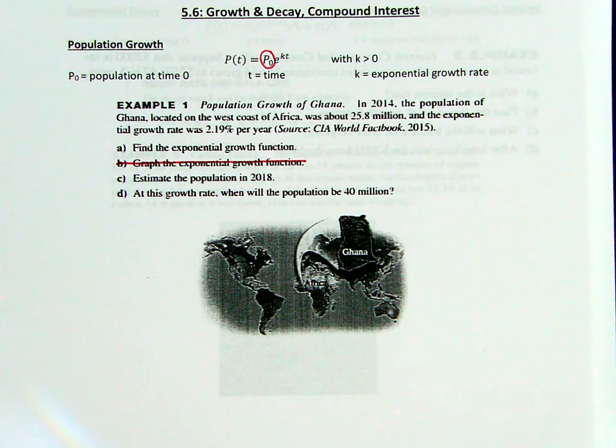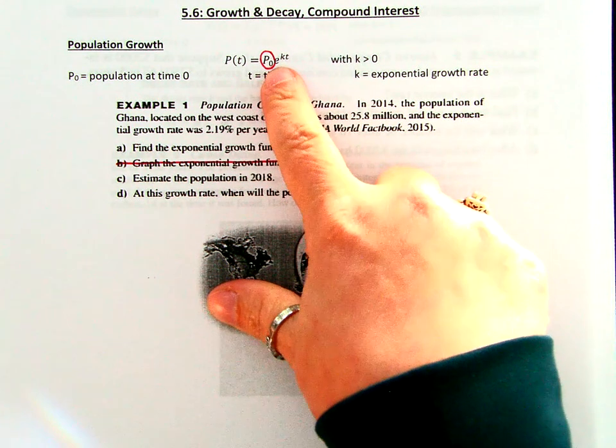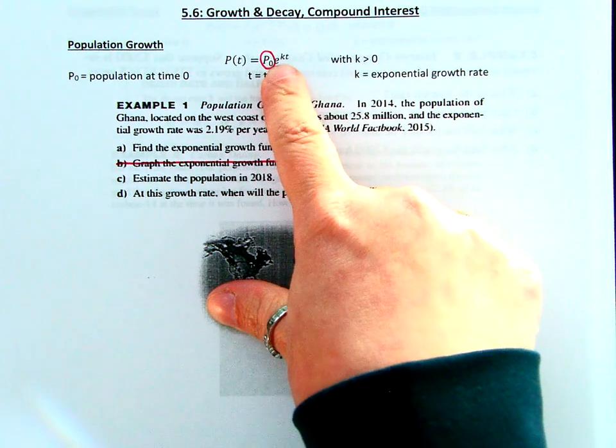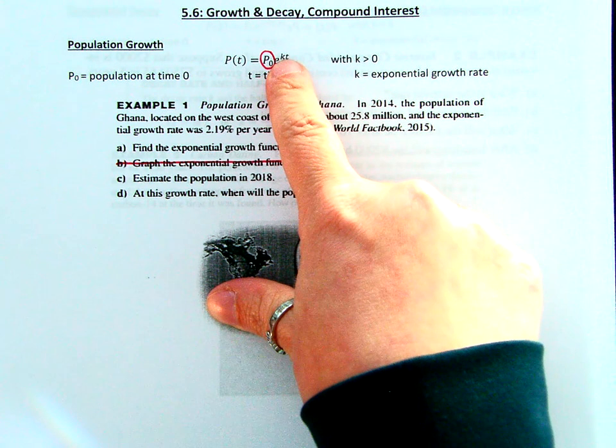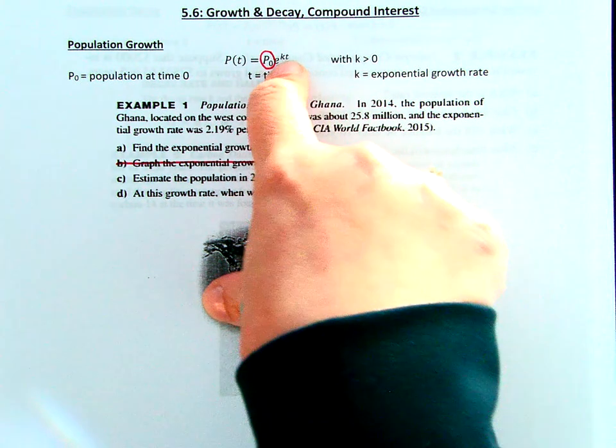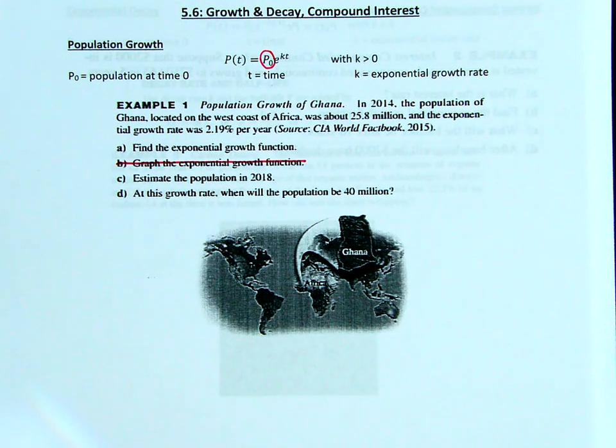You take your initial population, and then we times that by e. That e is not another variable. Remember, this is our number e. And that e is going to be raised to our exponential growth rate times the time. That's what we're going to use for our population growth, our exponential growth and decay in this section.